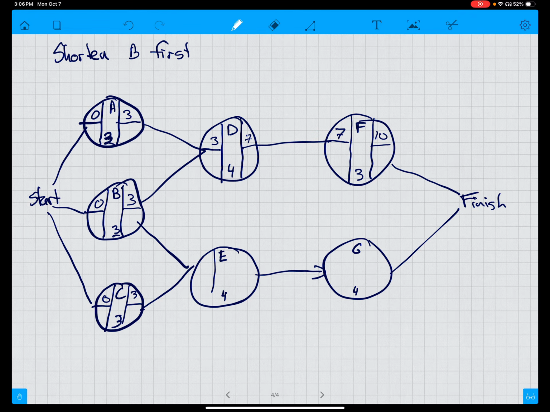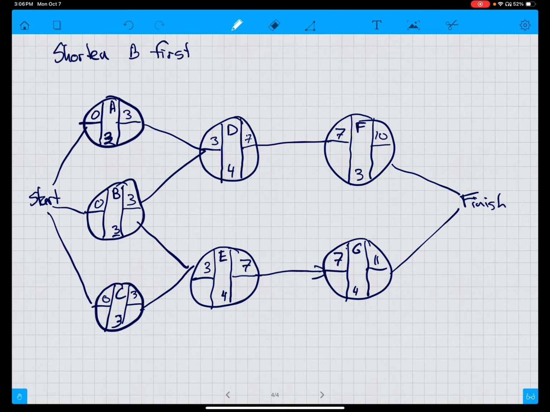We go down here, we have E, we have 3, 7, 7, 11. So we can look at this and see that it is in fact shorter.